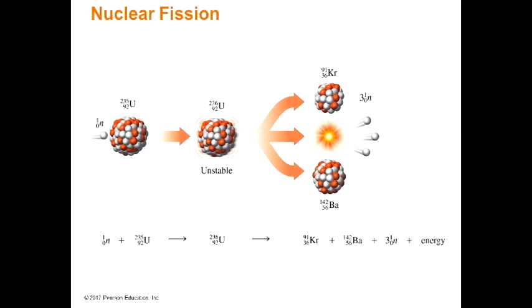A neutron bombards uranium-235, produces uranium-236, which is unstable, and it splits, right? Into krypton-91 and barium-142. These neutrons fly out of here, 3 of them, and it has to be 3 because the equation has to be balanced, right?